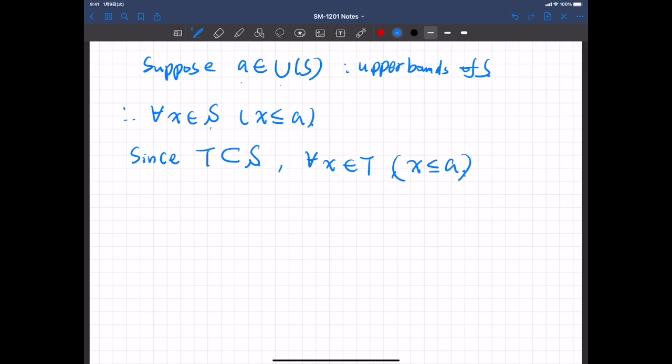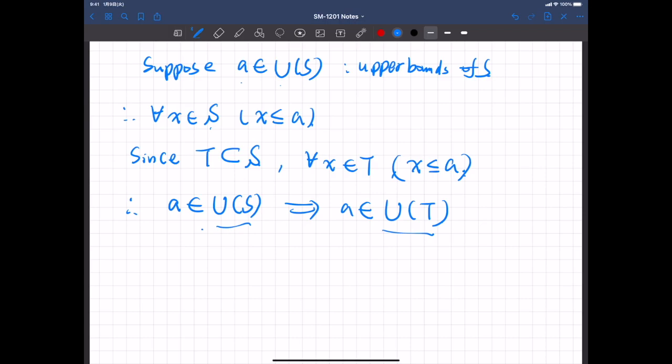Therefore, if a is an upper bound of S, then it is automatically an upper bound of T. So that means the minimum of this should be greater than or equal to the minimum of this.